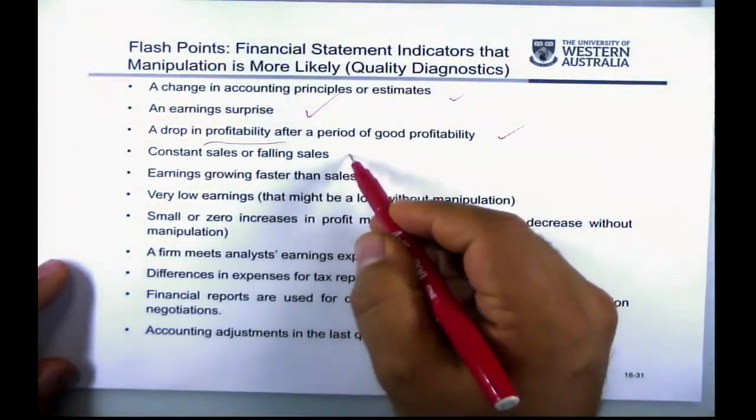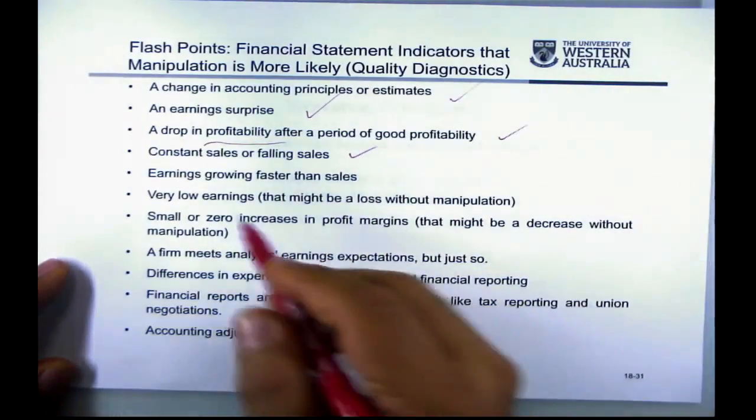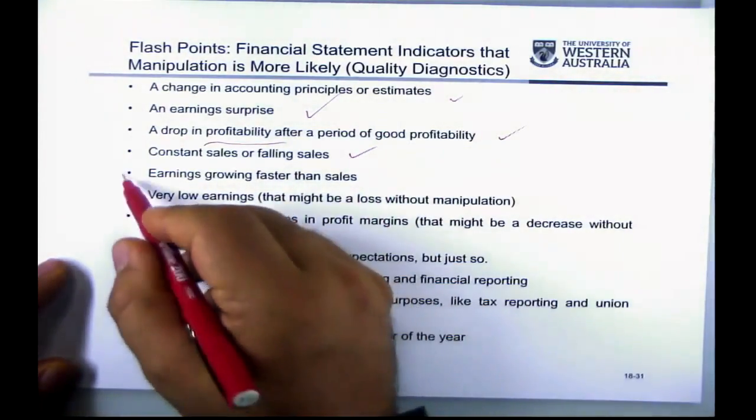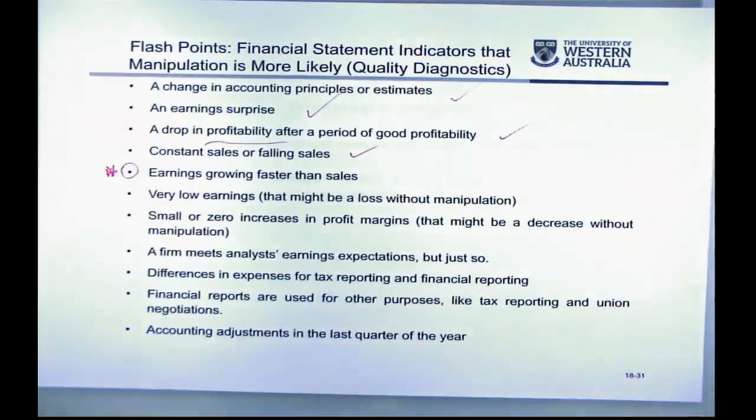Constant sales or falling sales, again, pay attention. Earnings growing faster than sales, this is a very important point. Normally, the growth rate in earnings should be almost similar to the growth rate in sales.